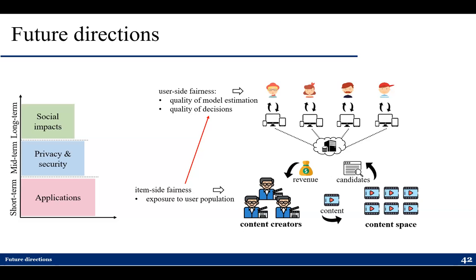But we also saw just now that this item side fairness actually affects the user side fairness, because if the content providers are not treated fairly, that will cause change in the whole content space, which will limit the choice of the platform, which further affects how the users are treated.